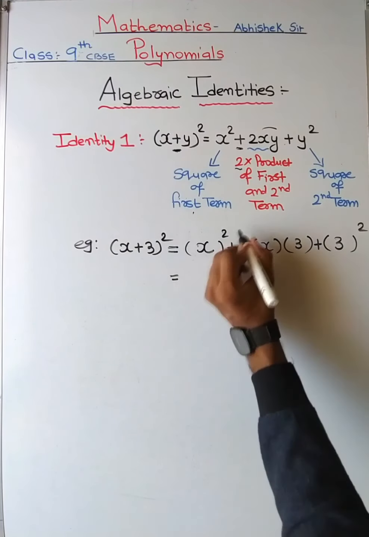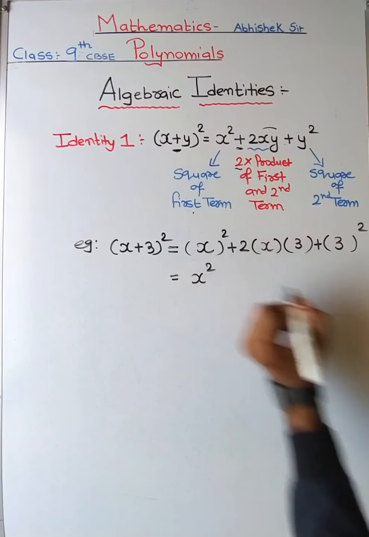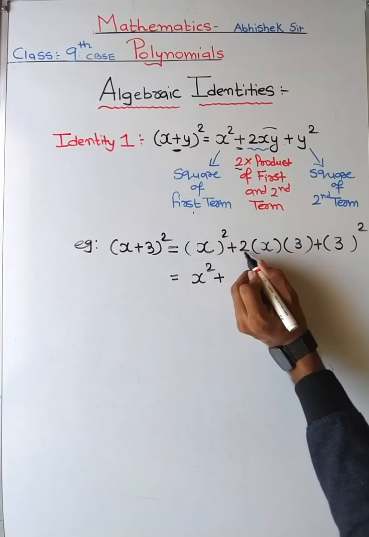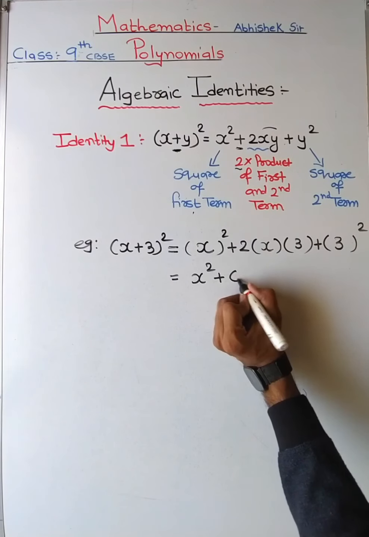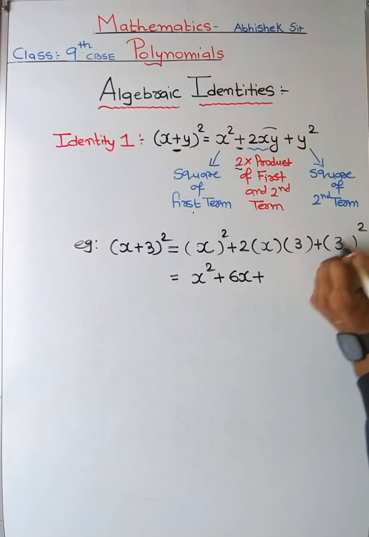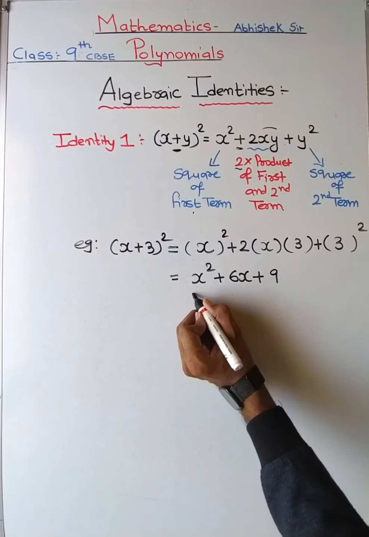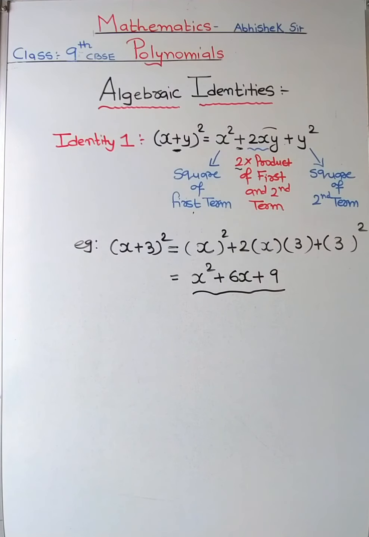So what is the square of x? It is x square plus 2 into x into 3. So 2 threes are 6x, and lastly 3 square is 9. So that is how we are expanding it with the use of algebraic identities. Clear?